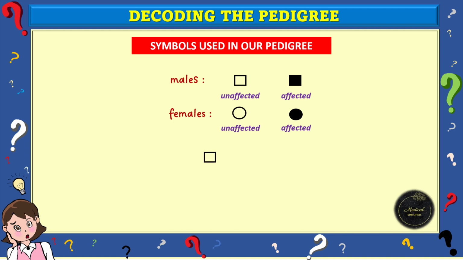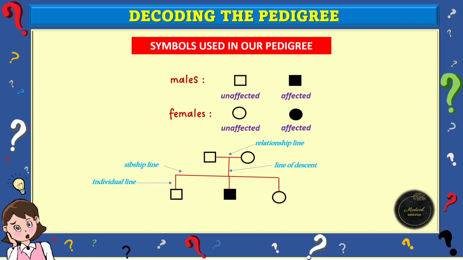When two people are married or in a relationship, they are represented by joining them with a relationship line. The children born out of their relationship are represented by a vertical line, known as the line of descent. All the siblings are denoted by the sibship line, out of which vertical, individual lines emerge.